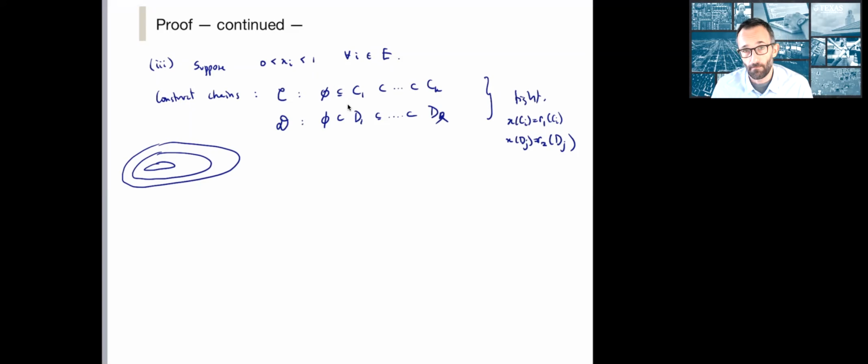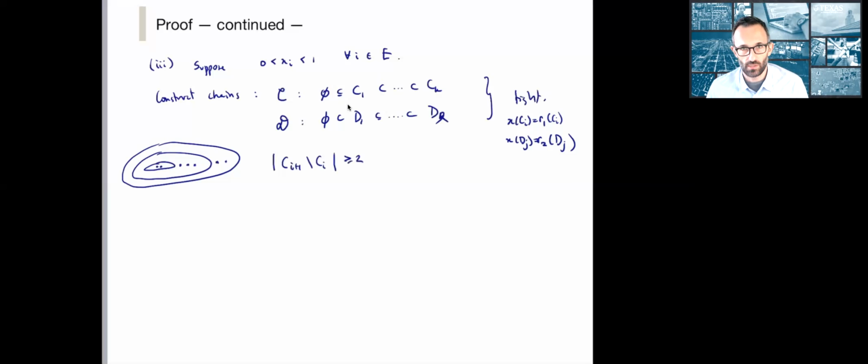Well, it must be that in between, these sets have to have at least 2 elements, because the increments also have to be integral. So in other words, the cardinality of CI plus 1 minus CI better be at least 2.